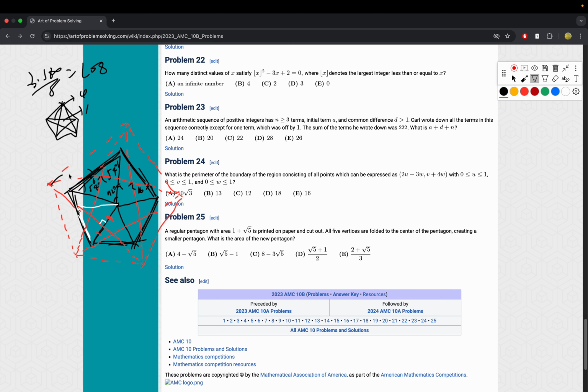So this length right here is A times phi minus B. But how do you find the length of this one? Wait. Oh, I'm almost there. Like, I can sense it. I'm almost done with this problem. But I just cannot finish it.